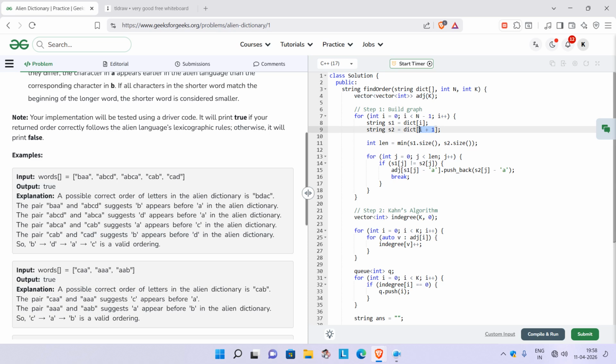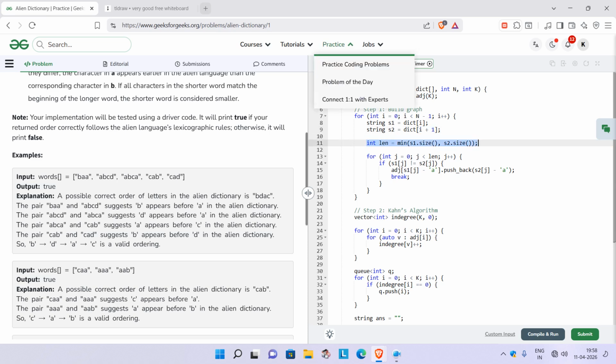We compare using the minimum length, because there might be cases where there's a 4-letter word and a 3-letter word.